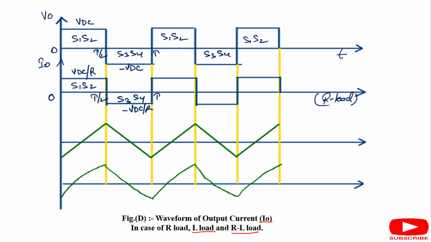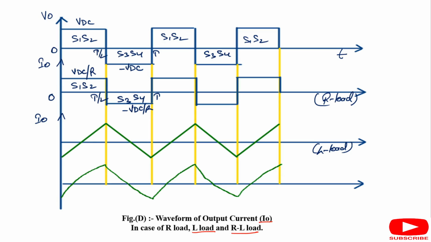Whatever the load is connected at output, the output voltage will remain same in case of any load. Now let us see the waveform of the output current in case of L load. We assume that the waveform of the output current in case of purely inductive load is symmetric about the T axis.